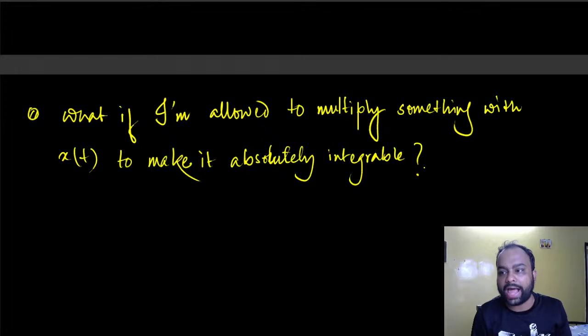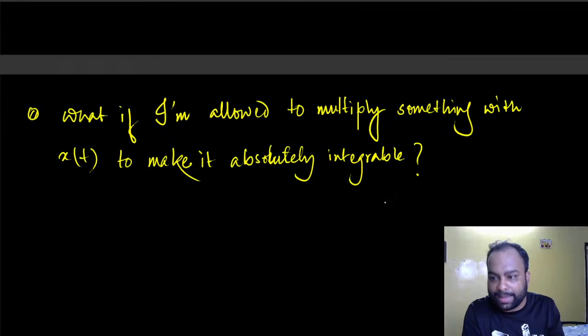What if I'm allowed to do that? This is what Laplace actually figured out. Laplace figured out that even if I give you a signal that is not absolutely integrable like that, if I am allowed to multiply something with it, I might still get a signal which is absolutely integrable.